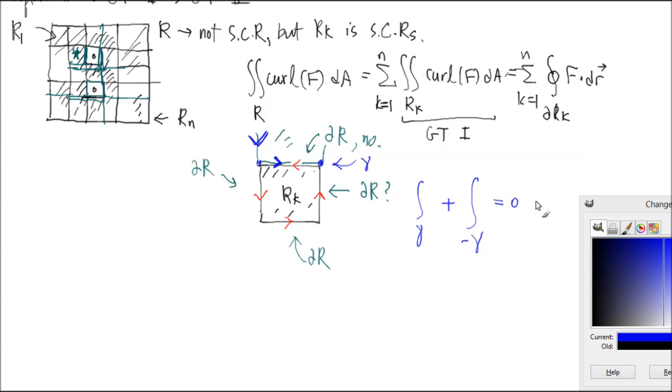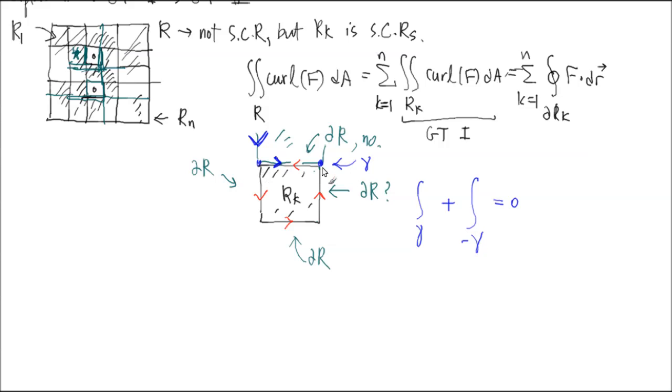Does that make sense? Let me summarize it here. This line will appear 2 times in this calculation, for one region and another region, and for both situations, they're in opposite directions. Therefore, they will perfectly cancel. Line integral, not double integral. Line integral will cancel perfectly, and that's what this is about.